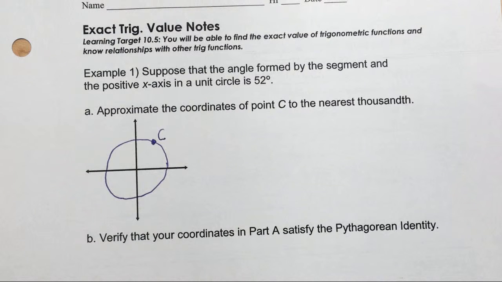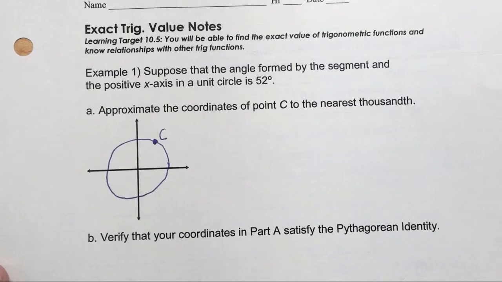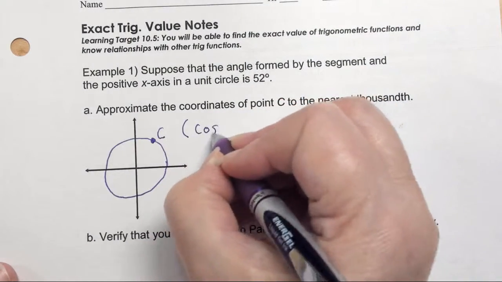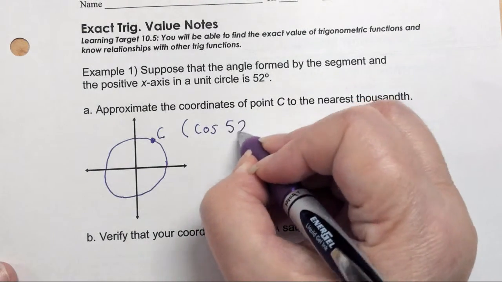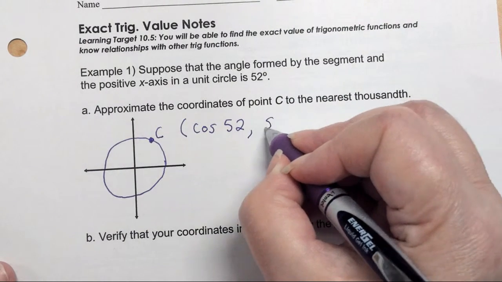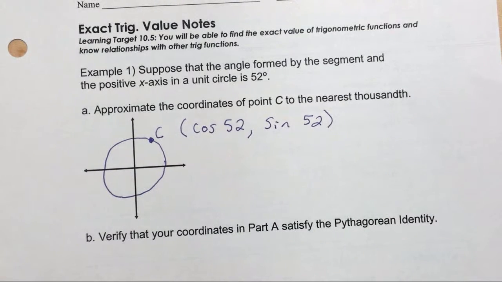What is, class, your x value? Is that sine or cosine? Cosine. So it's going to be cosine of 52. And then our y value is going to be sine of 52. So how do you figure out if it's cosine or sine?